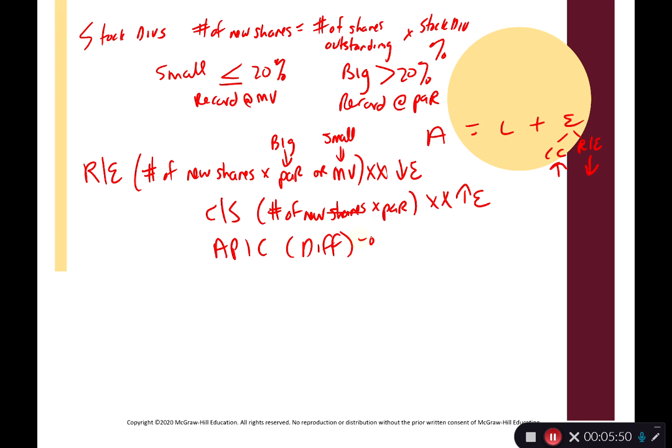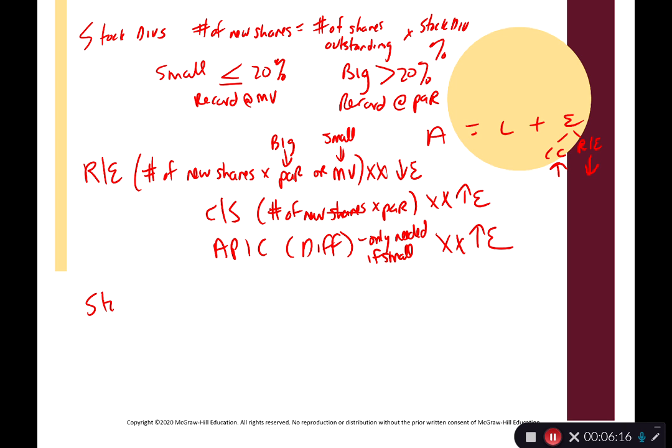We're only going to need that if we're dealing with a small one recorded at market value, because if it's recorded at par, there will be no difference between retained earnings and common stock, and that also makes equity go up. So in the grand scheme of a stock dividend, all we're doing is moving retained earnings into contributed capital. There's no net effect or net change to our equity.